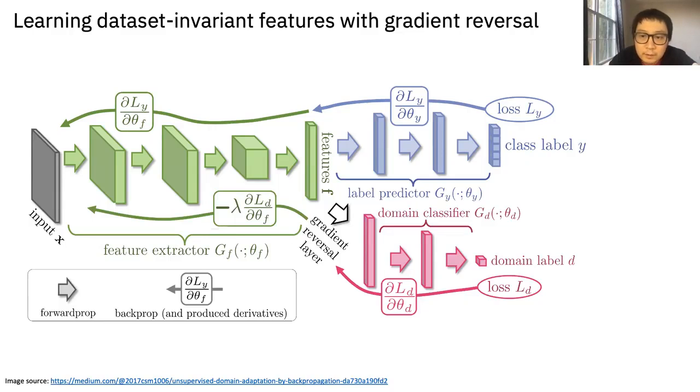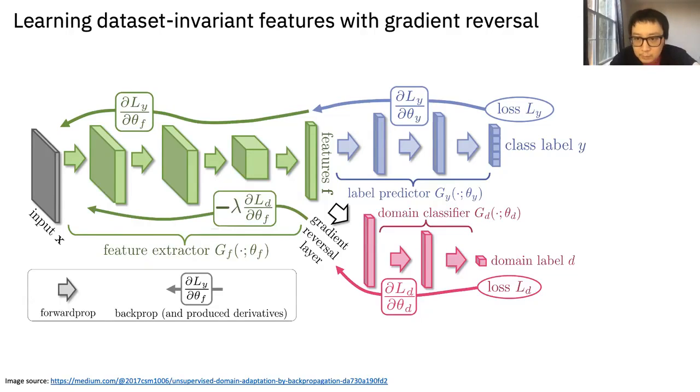The gradient reversal layer basically performs as an identity function. That is, we directly output what it received from the green part to the pink part during forward propagation.